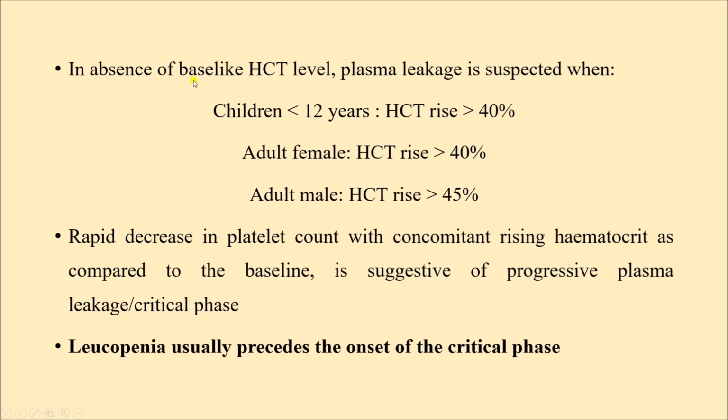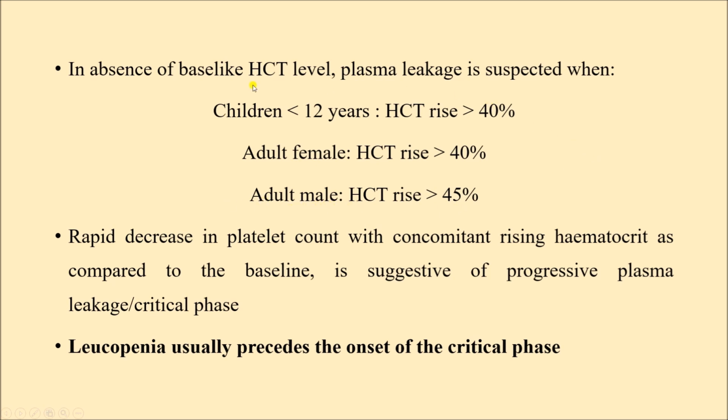So if the baseline hematocrit level is not present, we can assume that there is plasma leakage when there is a 40% hematocrit rise in children less than 12 years or in adult females, or a 45% hematocrit rise in adult males.